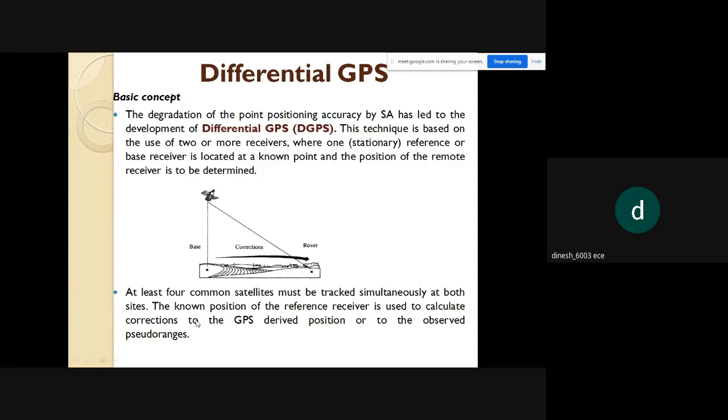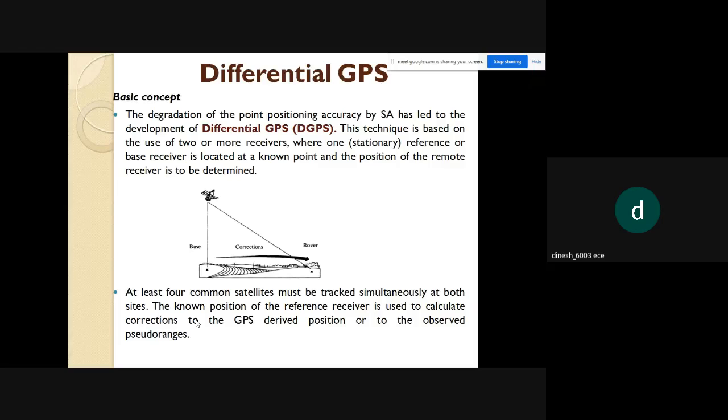The known position of the reference is used to calculate the GPS corrections. With respect to the moving object, we can calculate where the actual position is.